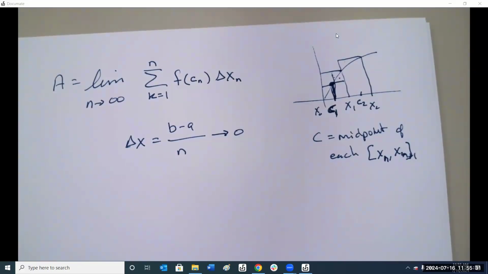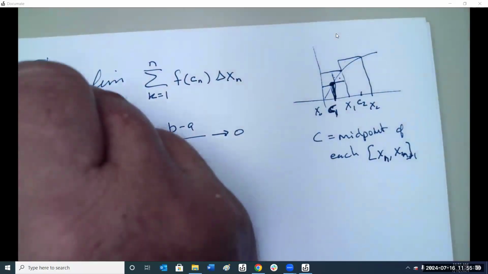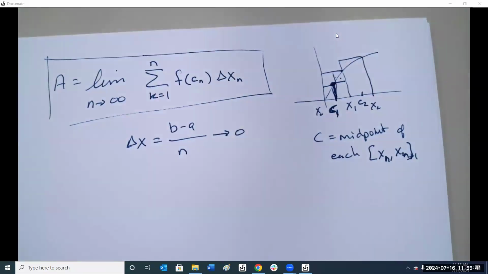We're going to have an infinite number of, instead of rectangles, lines. Then we add up all the lines, and then that'll give us our area. That's called the Riemann sum.